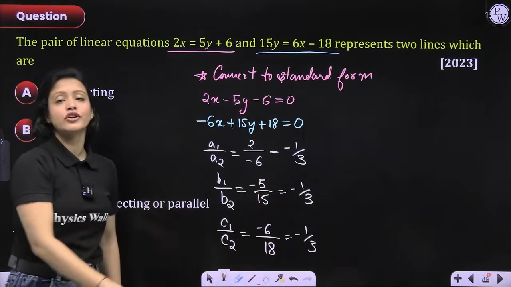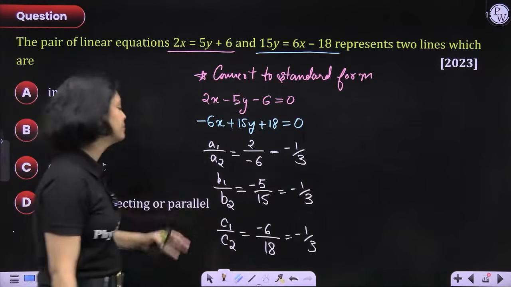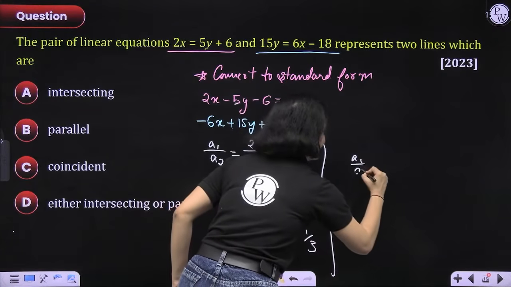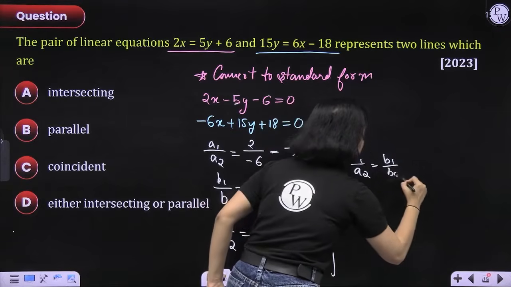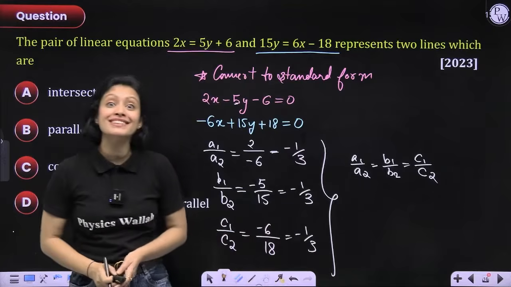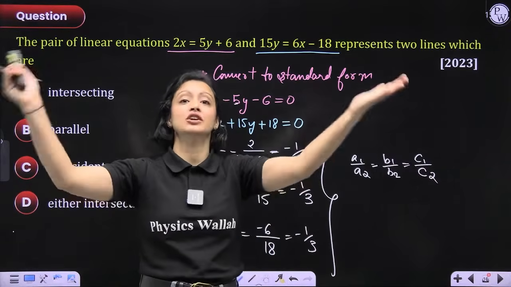Please convert all your ratios to simplest form to check their equality. You can clearly see that A1 by A2 is equal to B1 by B2, which is equal to C1 by C2. And when does that happen? This happens when you have infinite solutions.